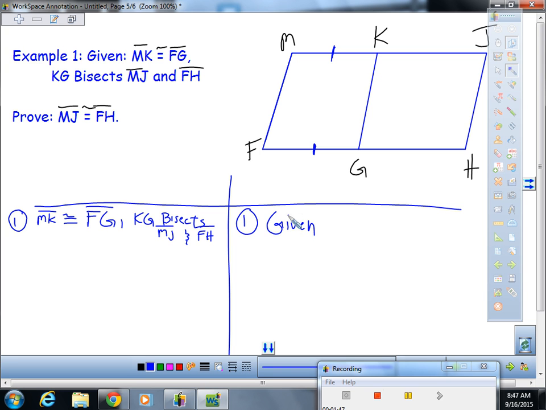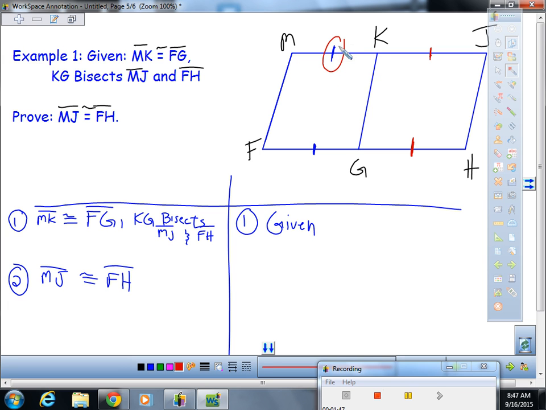Well, we can go right to the final conclusion here. This is a 2-stepper. Okay? I can conclude that MJ is congruent to FH because, well, since 2 things have been bisected, that means we can deduce that MK is congruent to KJ, but that FG is congruent to GH.